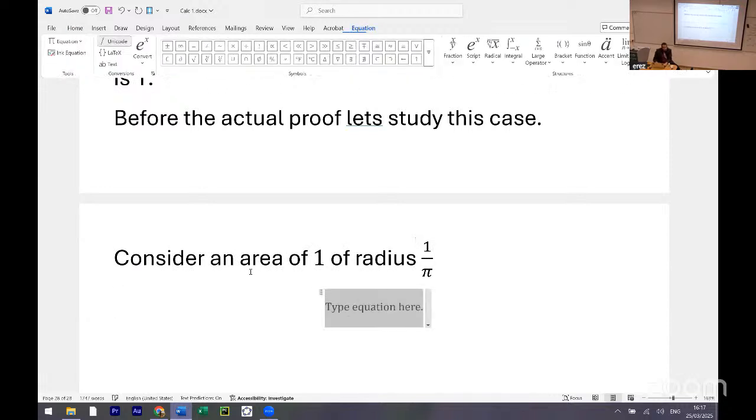So the area itself, what are the edges of said area, from where to where? What is the segment? What is the left edge and the right edge? The left edge is 1 minus 1 over pi, and the right is 1 plus 1 over pi, right?